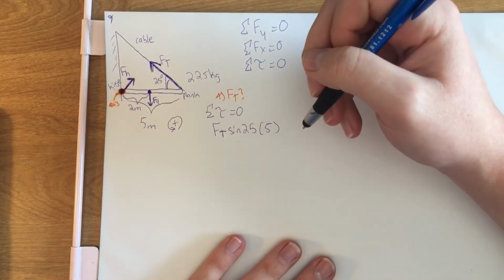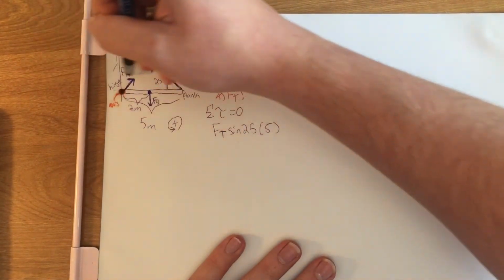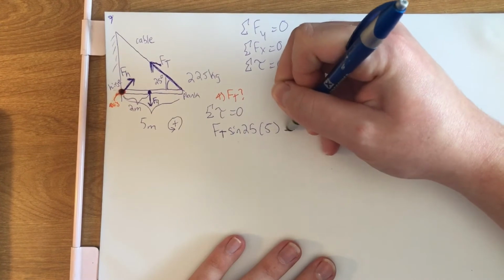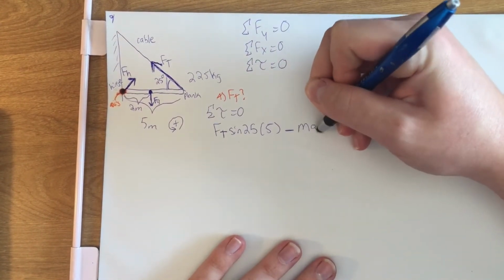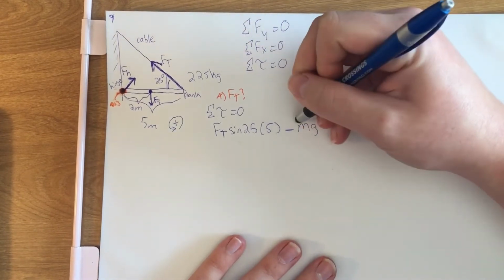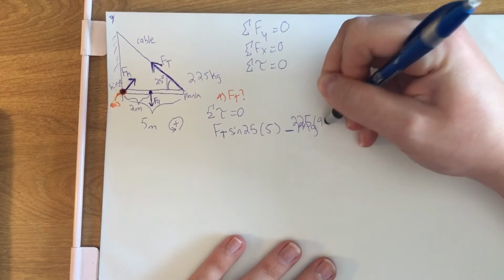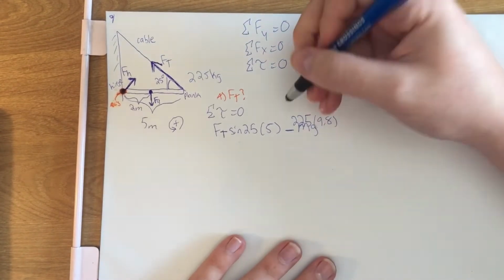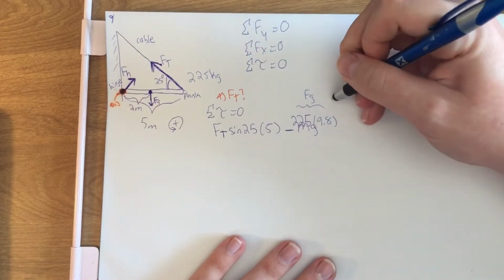Now our torque from force gravity, that's going to spin it this way. It's going to spin it clockwise. So that's a negative torque. The force gravity, or mg, and mass was 225, so I'm just going to write that here. 225 times 9.8. So this is force gravity, and then times the radius. What's the radius?